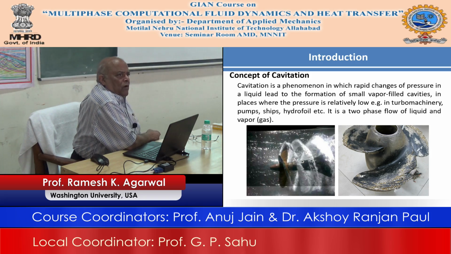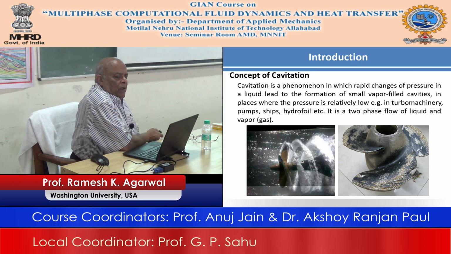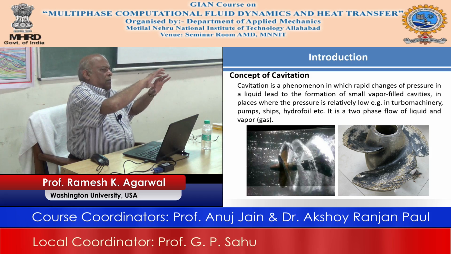These bubbles have two effects. One of them is that they decrease the efficiency of the machine, because the flow is no longer smooth, and these machines are designed for conditions where the flow passes smoothly. There are other issues as well, because all of them have a casing.